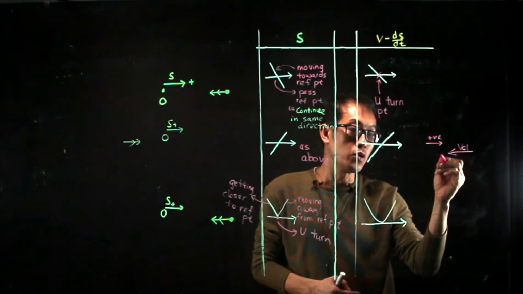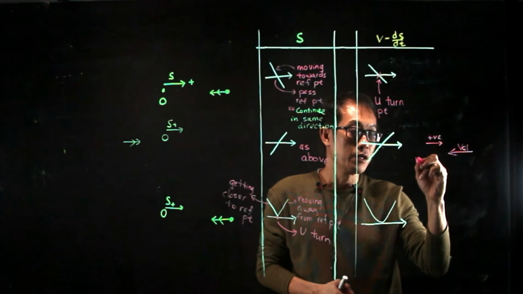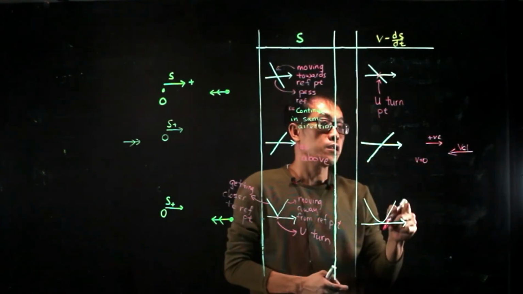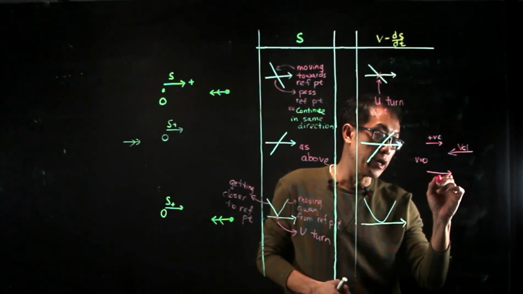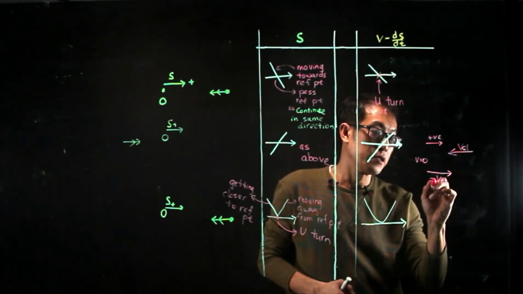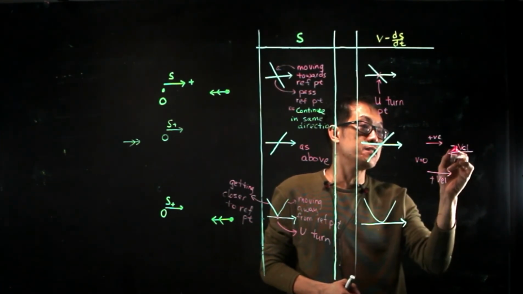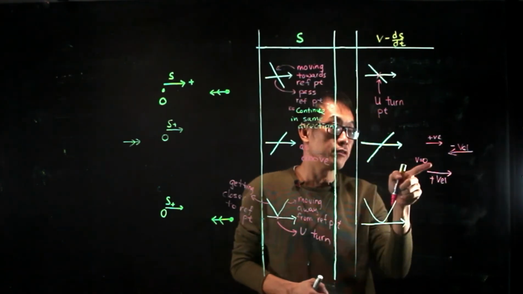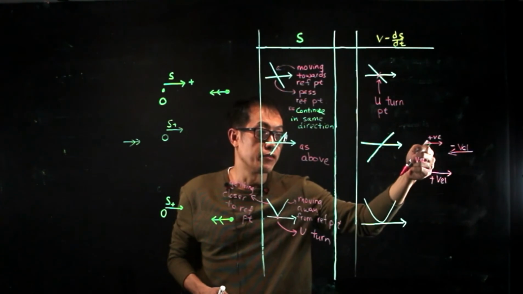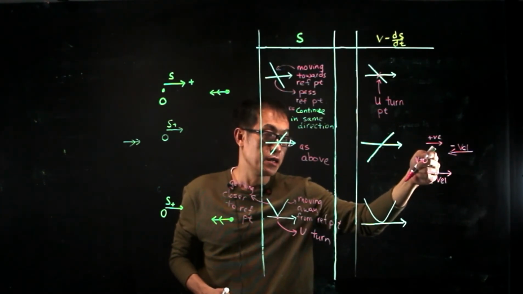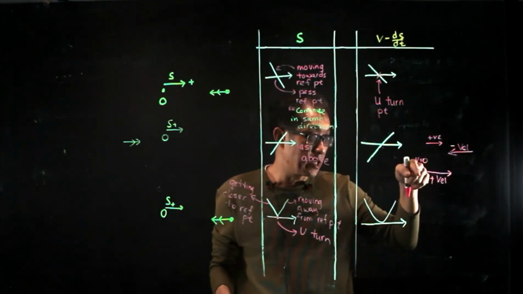Then it slows down to a point where your velocity is 0. After that, it does a U-turn. It begins to travel this way. All right, this will become negative. At first it was positive. This is negative because it's going this way. Then it reaches a point where the velocity is 0 after a certain time. Then it does a U-turn and the velocity changes from negative to positive.